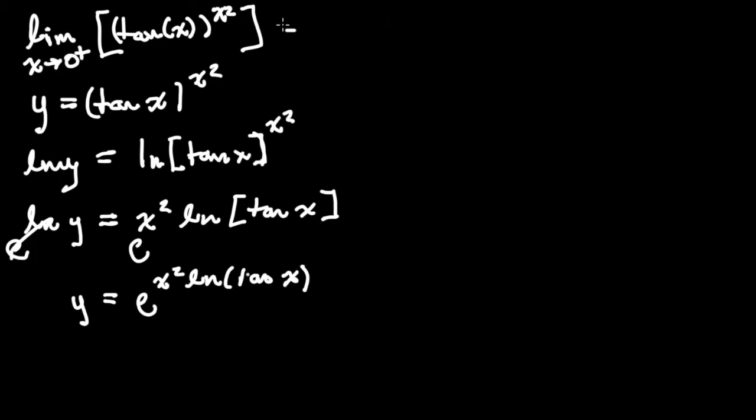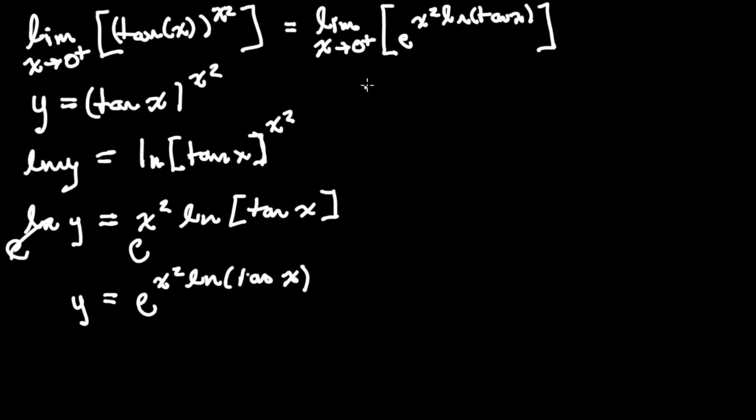And so we have this limit is also equal to the limit as x goes to 0 from the right, and then I'll put in brackets e to the x squared ln of tan x. Right, and so that is our limit.